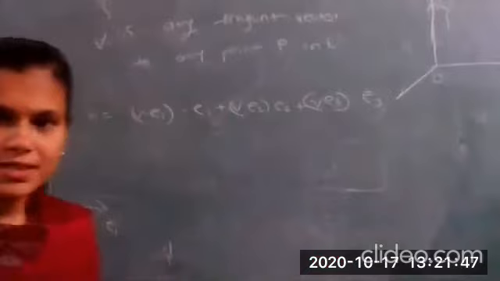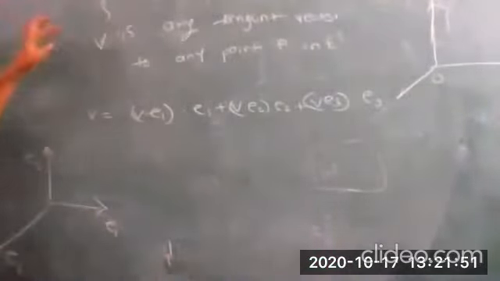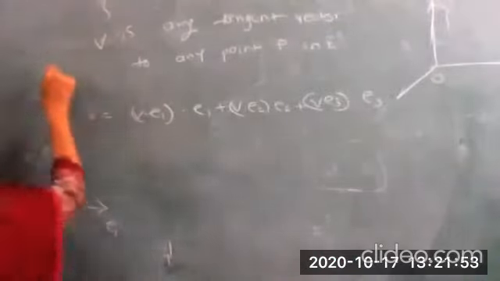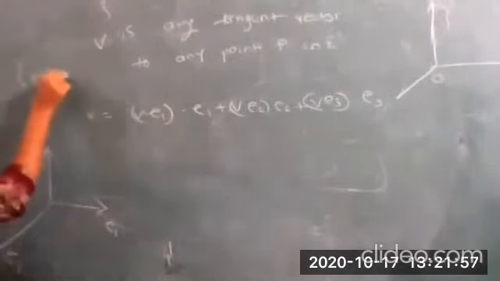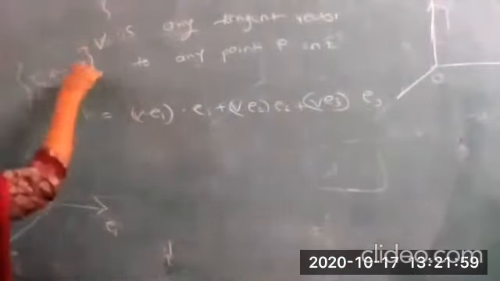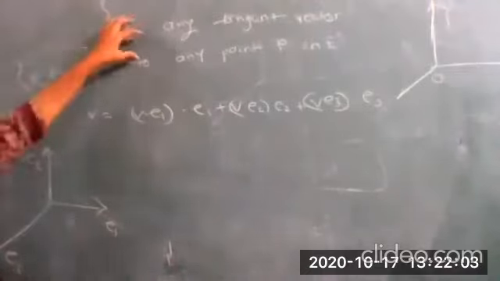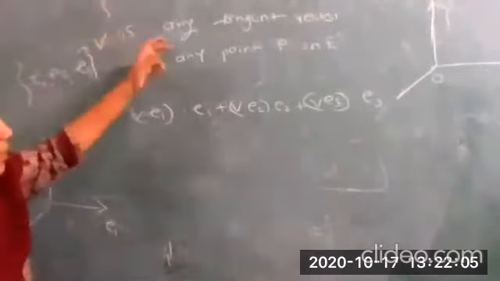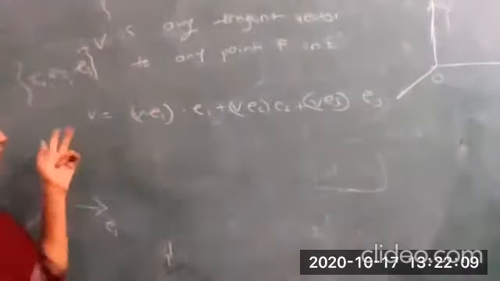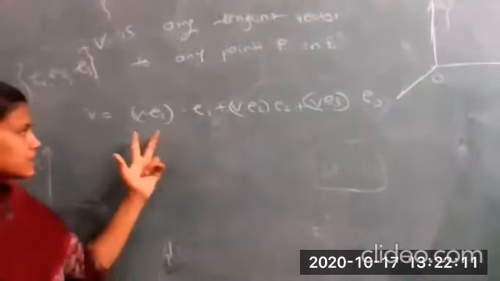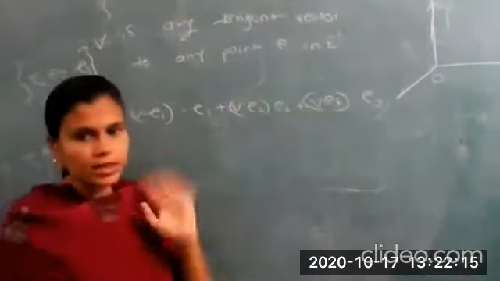Sorry for the disturbance. So what we have, we are provided that E1, E2, E3 form the frame field. And what is our aim to prove? V is any tangent vector at a point P in the E3 space, and we want to prove any tangent vector V is written as V dot E1 times E1, V dot E2 times E2, V dot E3 times E3.